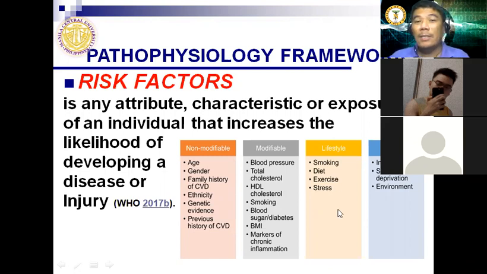Stress is considered part of the lifestyle. So every time that you consider it as one of the risk factors, these are contributing factors. Another that may be considered is social factors, if you consider problems with financial constraints, social deprivation, or environmental factors. For example, as I told you before, when the client has been exposed to environmental hazards, then that could be under social, environmental.